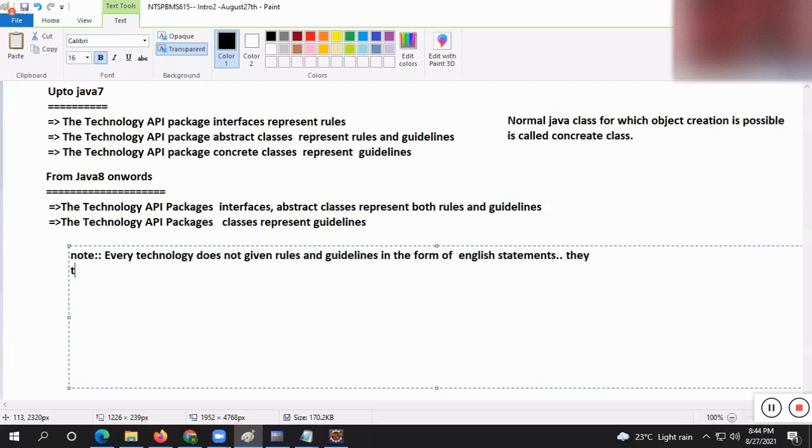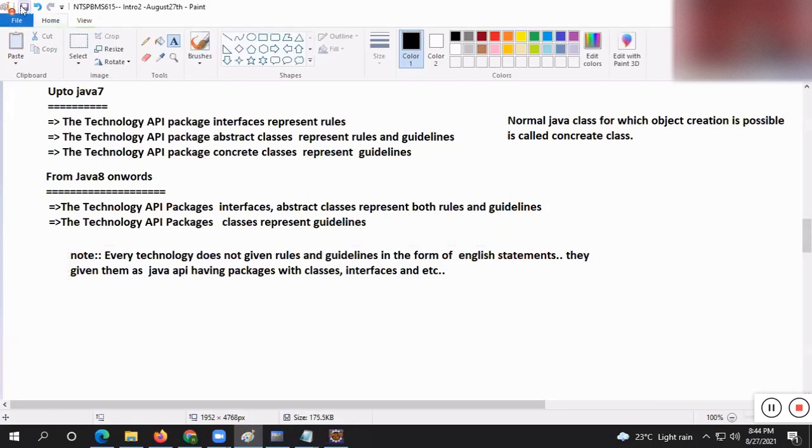They give them as Java APIs having packages with classes, interfaces, and etc. I hope you have seen classes and interfaces in another angle, boss.